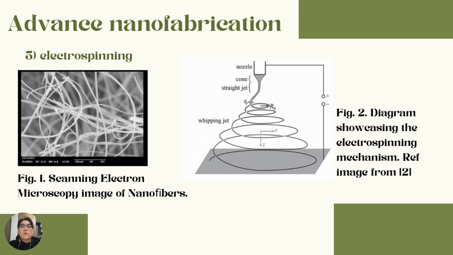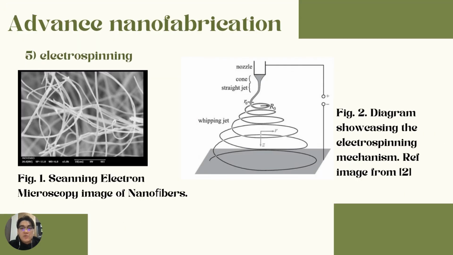The solvent evaporates as this jet moves in the air, leaving solid nanofibers on the grounded collector to form a non-woven mat. Adjusting electrospinning parameters like solution characteristics, applied voltage, needle-collector distance, and feed rate can regulate the fiber diameter and shape.